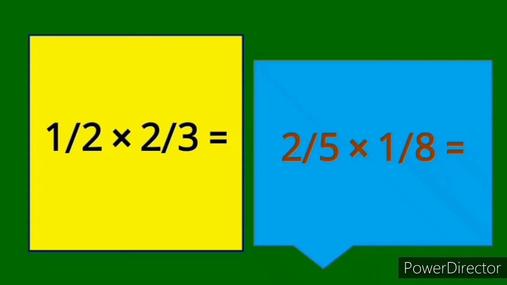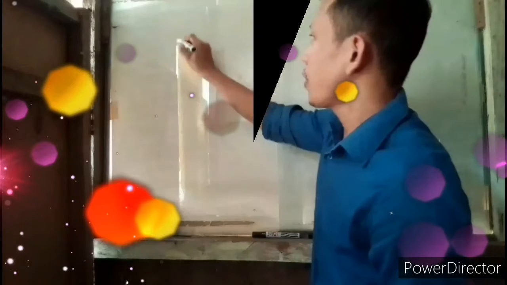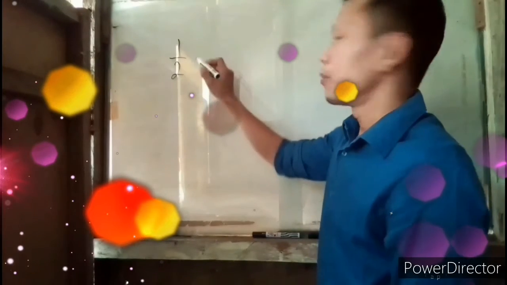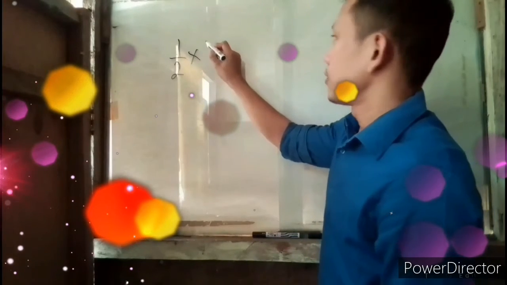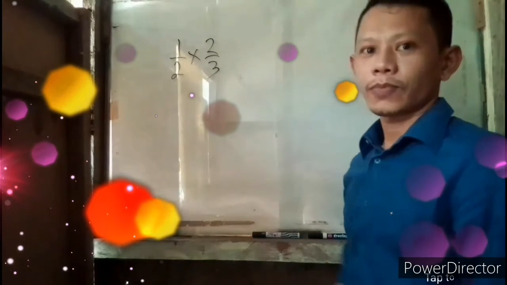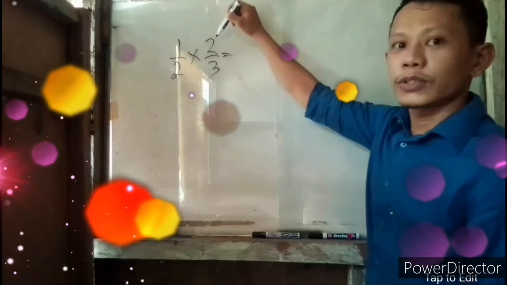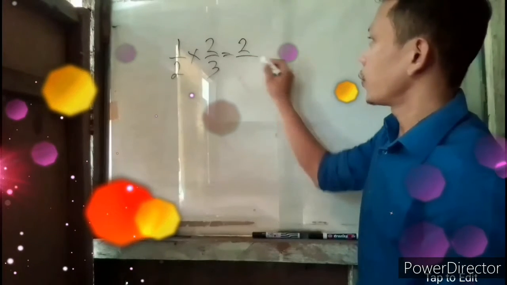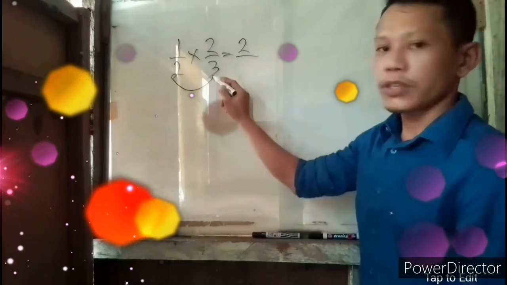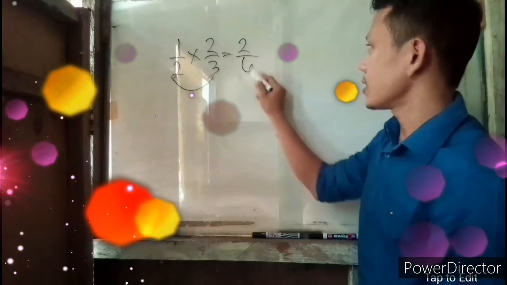So let us check your answer. 1/2 multiplied by 2/3. Okay. 1 times 2 is equal to 2. 2 times 3 is equal to 6.